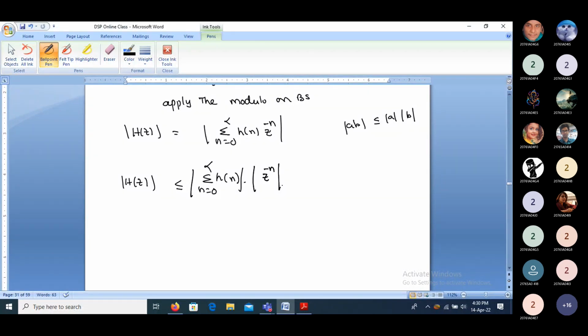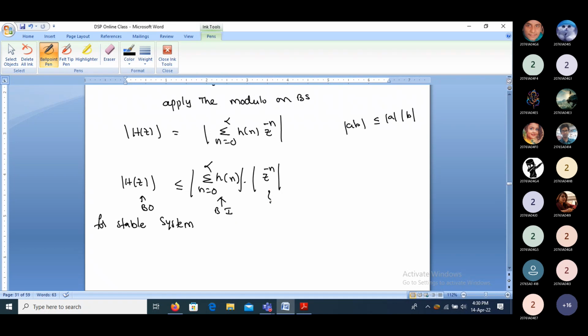So clearly observe it. For a stable system, what is the condition? This is the bounded output, and this is the input. This input is also a bounded input. Then what about this term, z power minus 1?